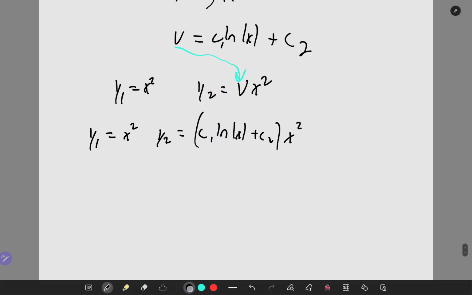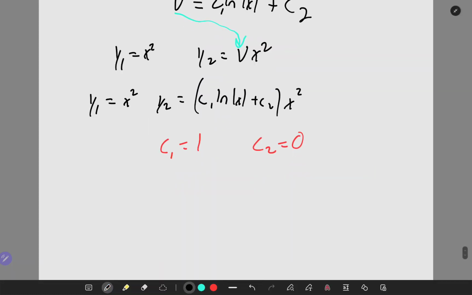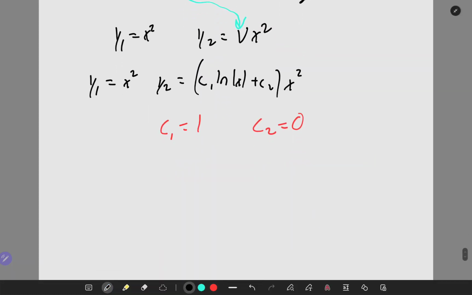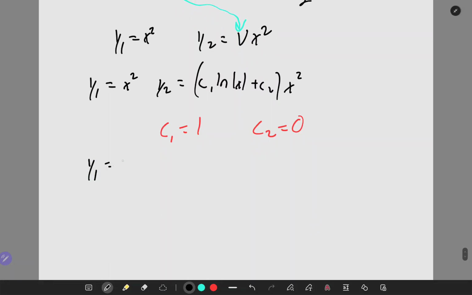Now just like the last one, whatever is on either the c1 or c2 with the natural log of x would be set as 1, and the other one would be set as 0. So then that leaves us with y1 being x squared, y2 being the natural log of x times x squared.